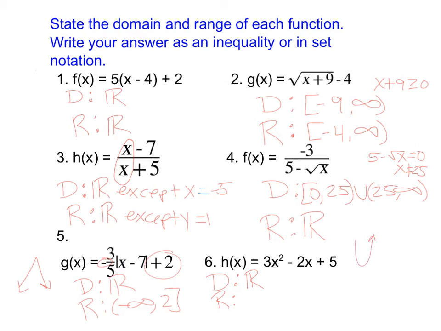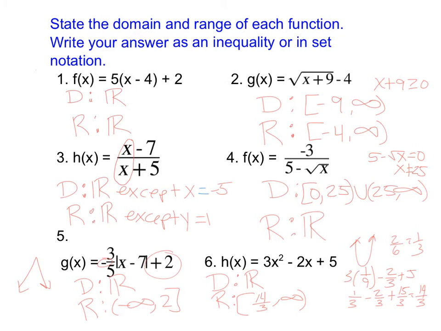So if we do negative b over 2a, that's 2 over 6, which is 1/3. And then we plug the 1/3 in. 1 over 9 minus 2/3 plus 5. So that's 1/3 minus 2/3 plus 15/3 is 14/3. So it's 14/3 to infinity.